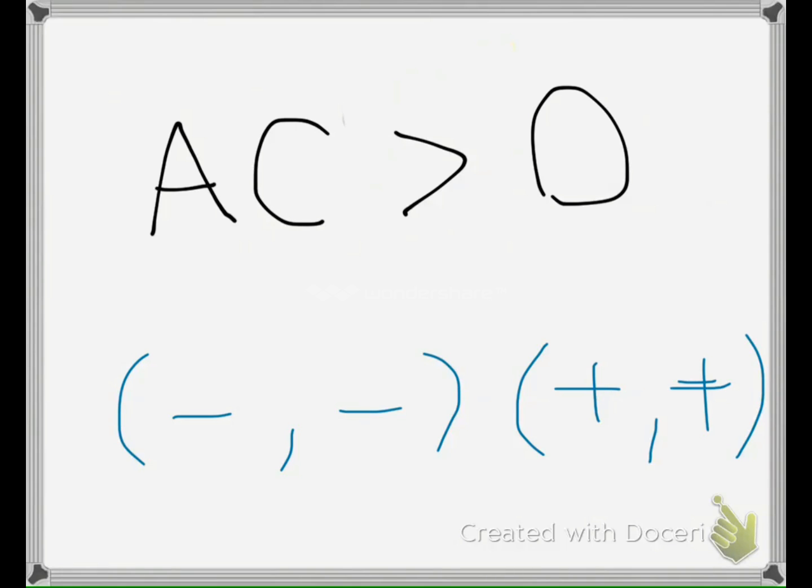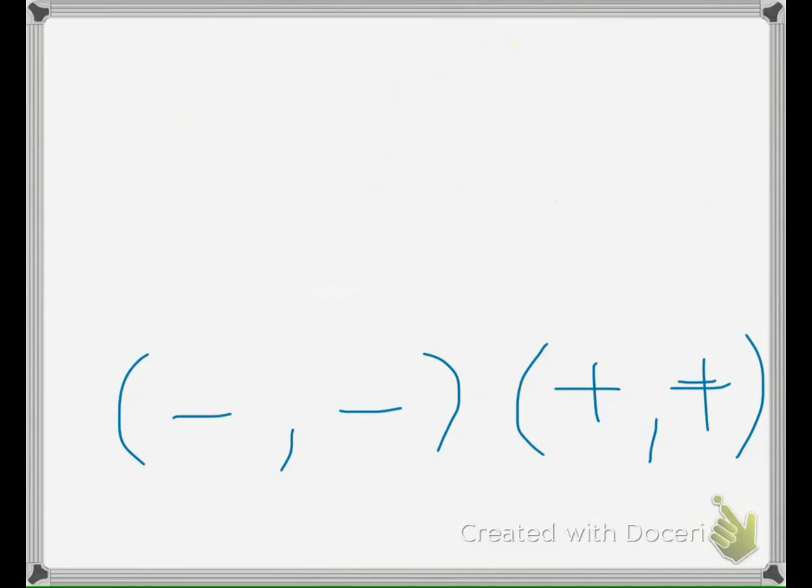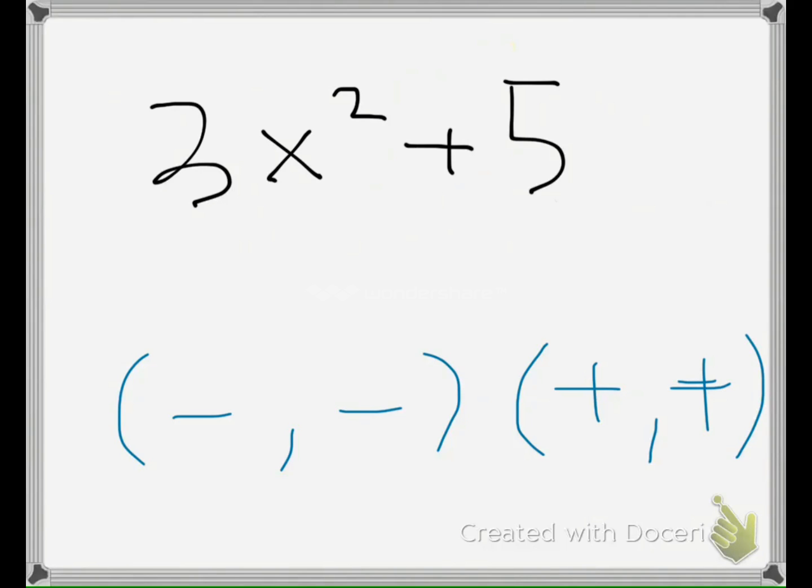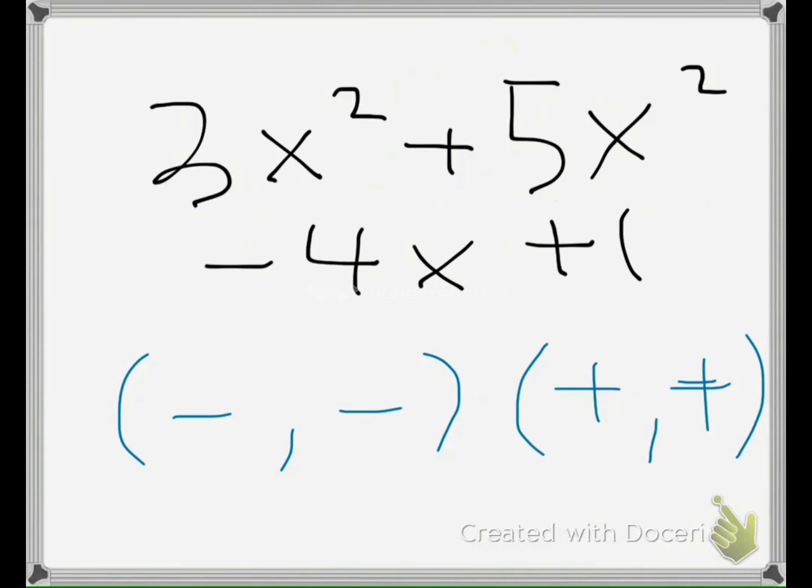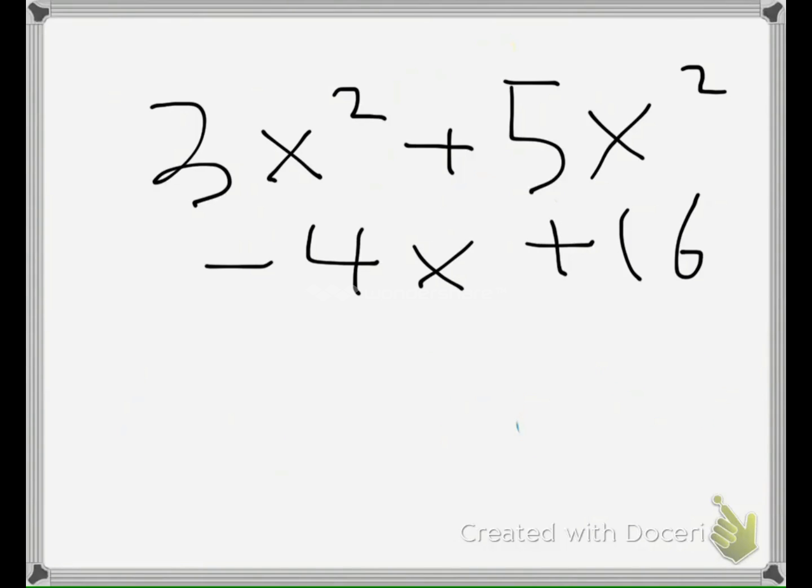Okay, now I'm going to use an example to prove the ways that I'm using. 3x to the power of 2 plus 5y to the power of 2 minus 4x plus 16 equals 0.